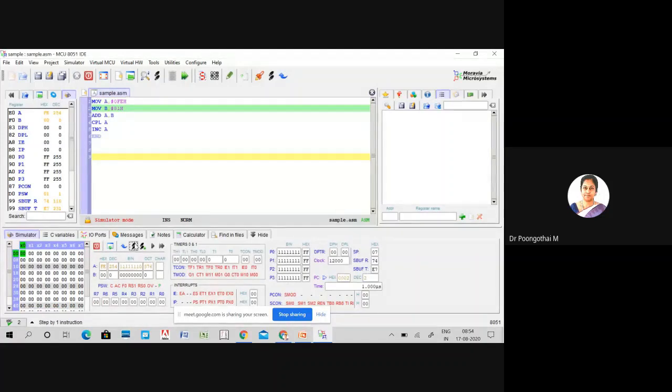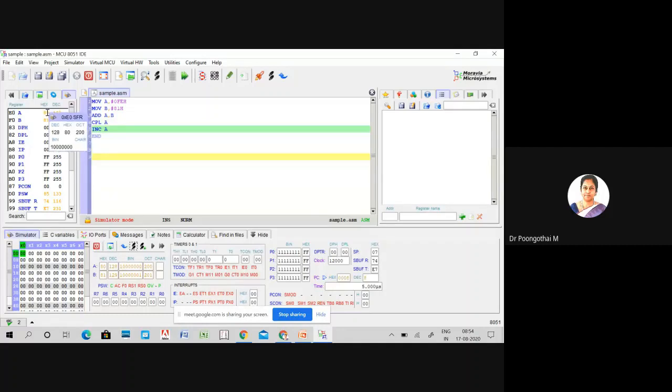Now the accumulator is loaded with FE and the B register is loaded with 81, and adding both numbers, your result is 7F. I am taking the 1's complement now, so the answer is 80. Next, the 2's complement, so this is your original answer.